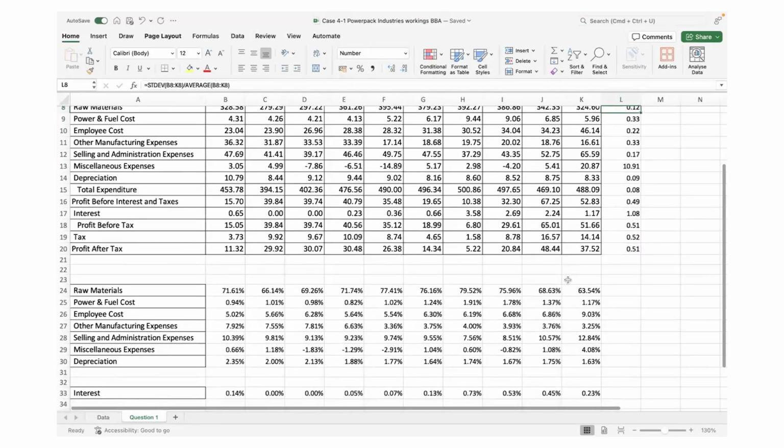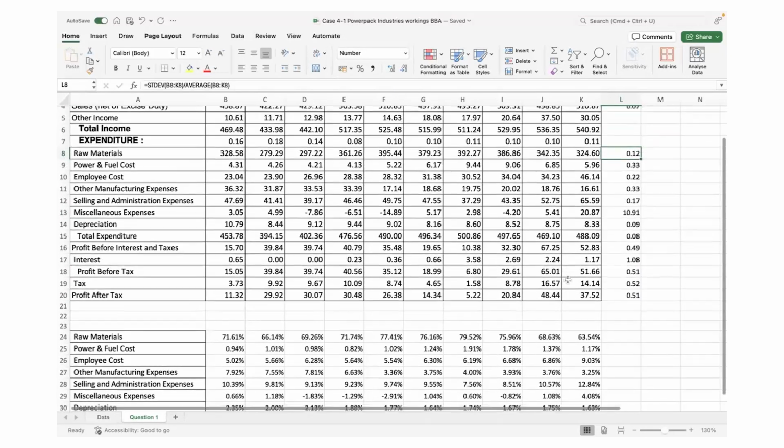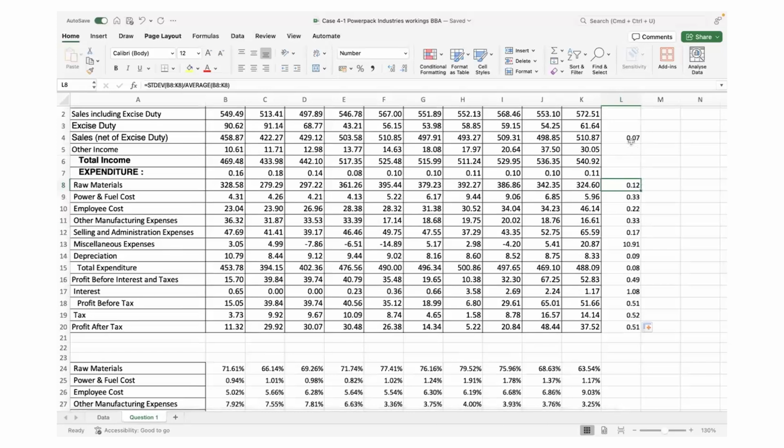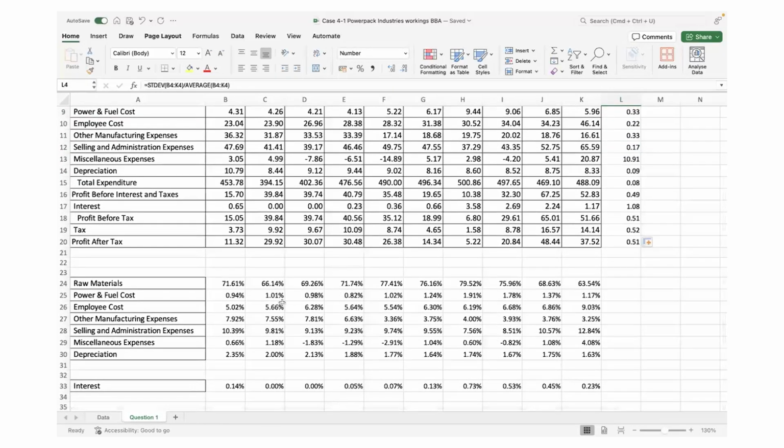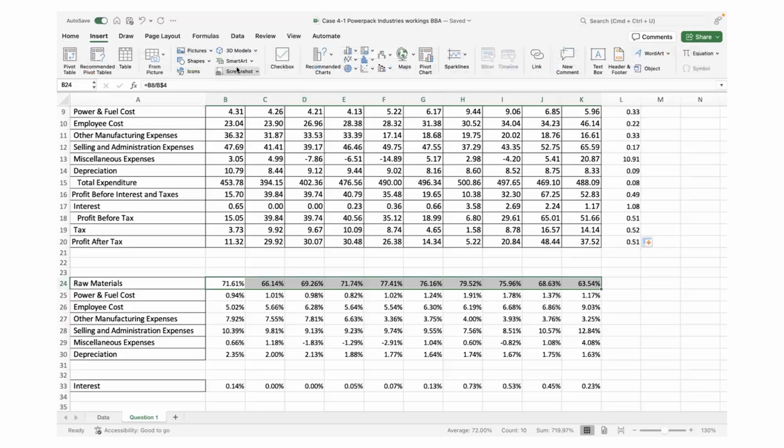To answer this question, why the profit is volatile when you have very stable sales data: the cost data are volatile, particularly the material cost. If I just draw the graph of this material cost, you can easily see how volatile these numbers are.